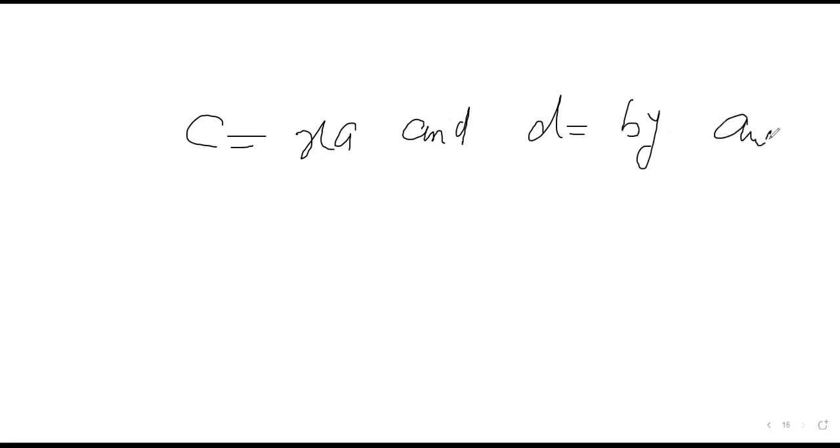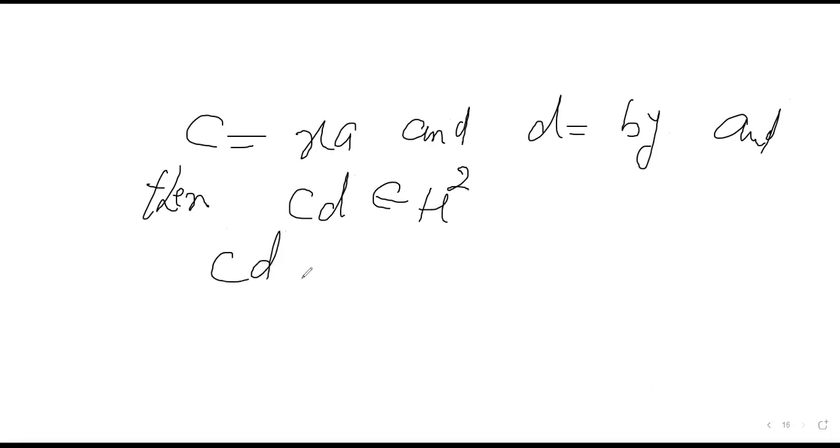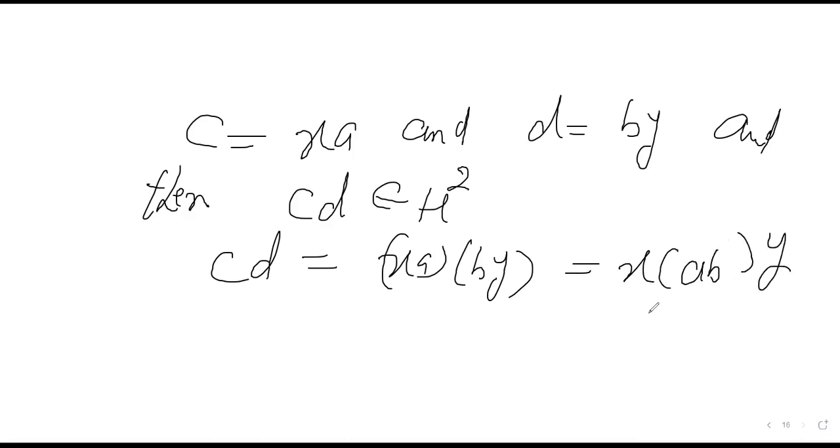And then if you take the product CD, since C and D are members of H, the product CD is an arbitrary member of H square. CD equals XABY, and AB is 0, so this is 0. What does it mean?